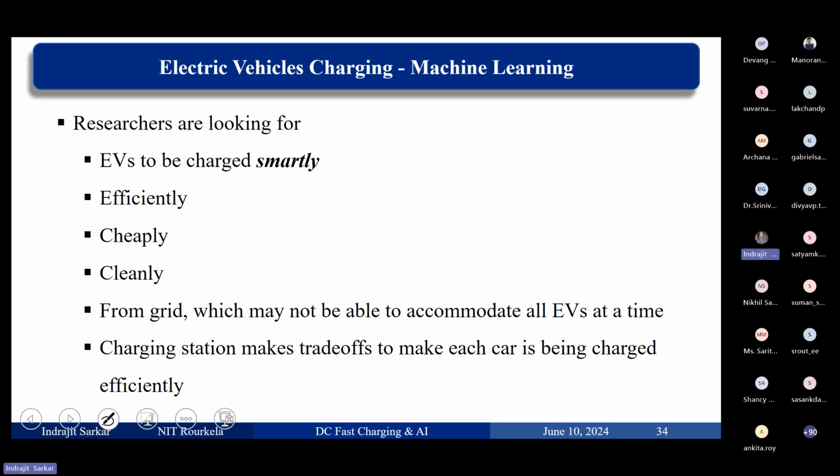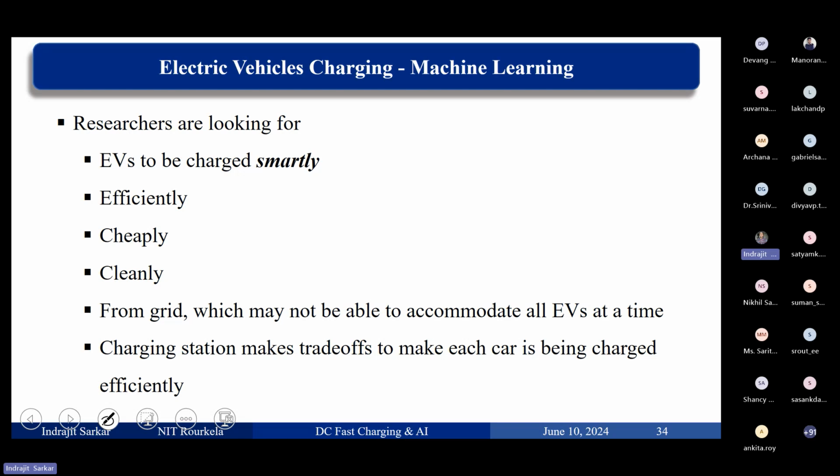Let's say if you go to the nearest charging location, the cost of charging will be high, but if you go to the second nearest charging location, the tariff will be less there. So definitely you will change your mind and go to the second nearest charging location. This is how it helps in both ways: it helps the customer, and it also helps the grid.